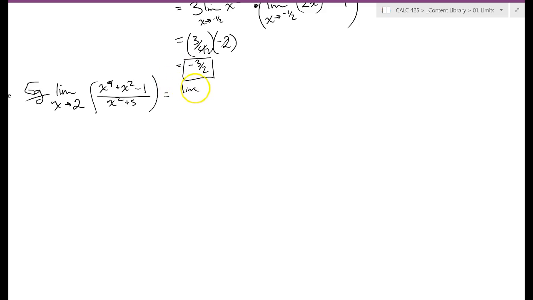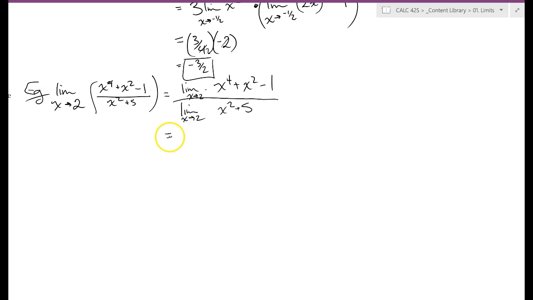So my first step would be the limit as x approaches 2 of x to the 4 plus x squared minus 1, all over the limit as x approaches 2 of x squared plus 5.